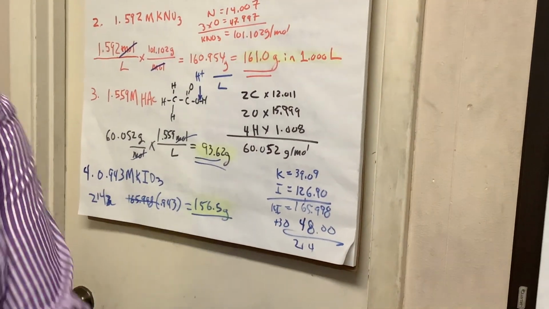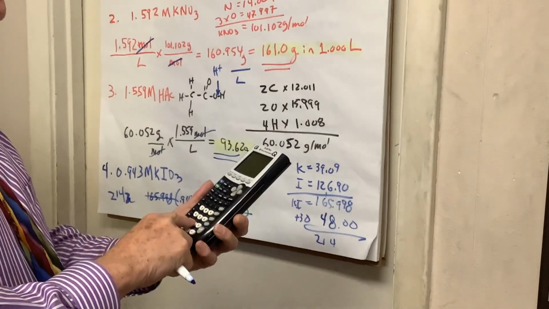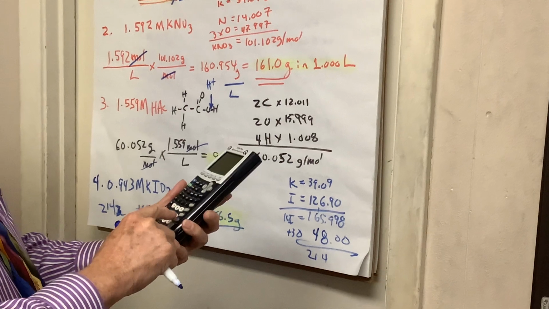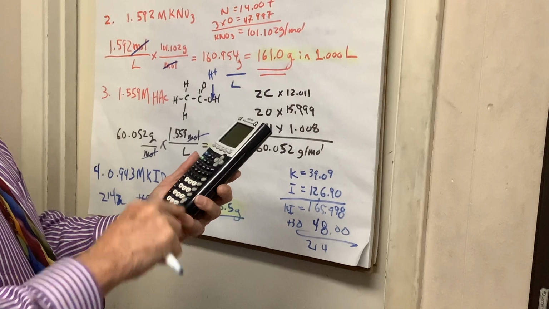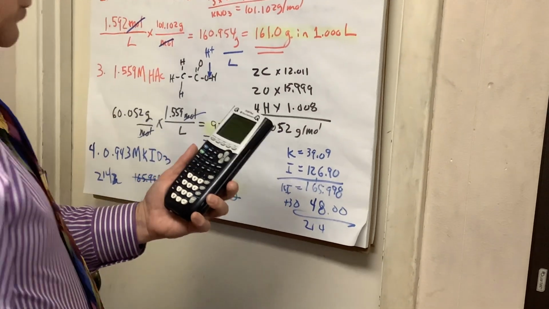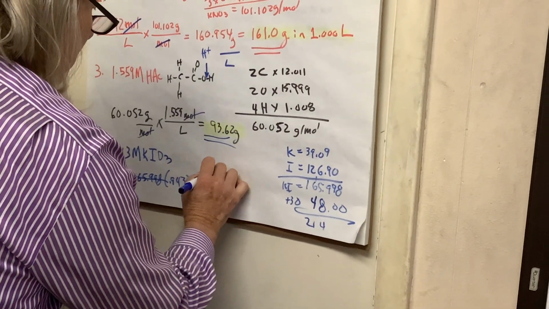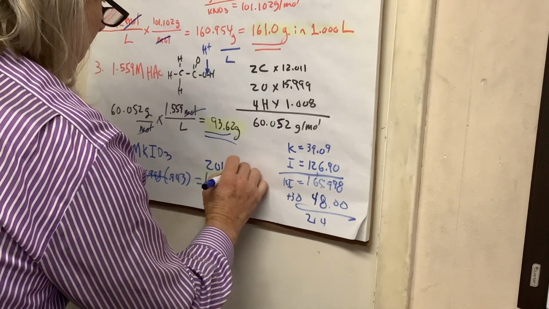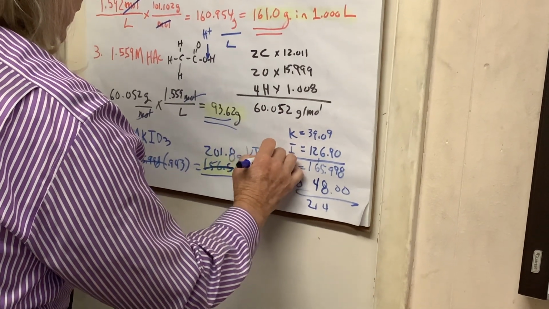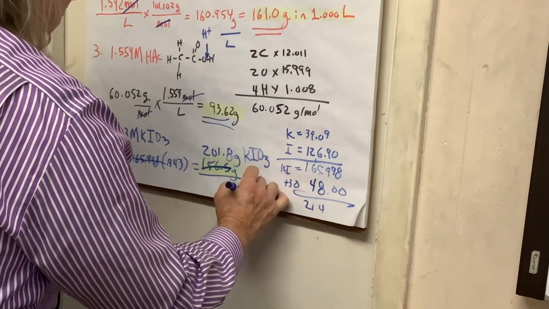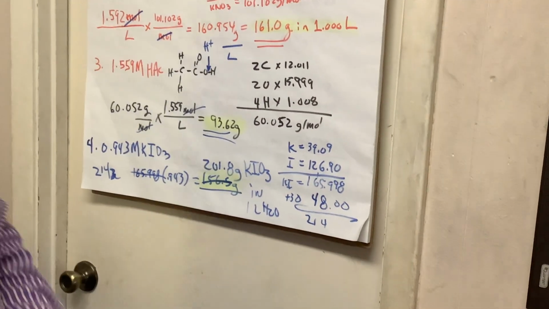So 214. Let me give you your answer. 214 times 0.943, we're good for 3 decimal places, is 201.8 grams of KIO3 in 1 liter of water. 200 grams in a single liter.